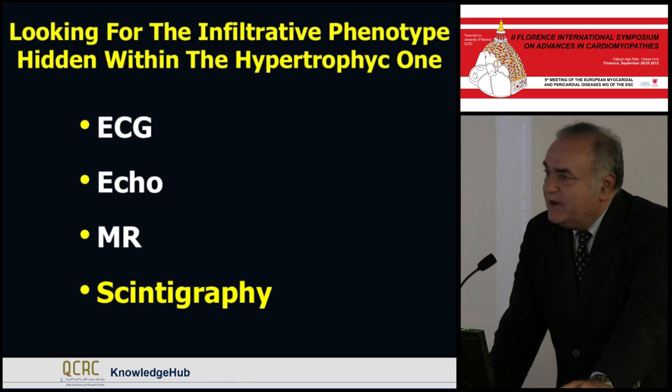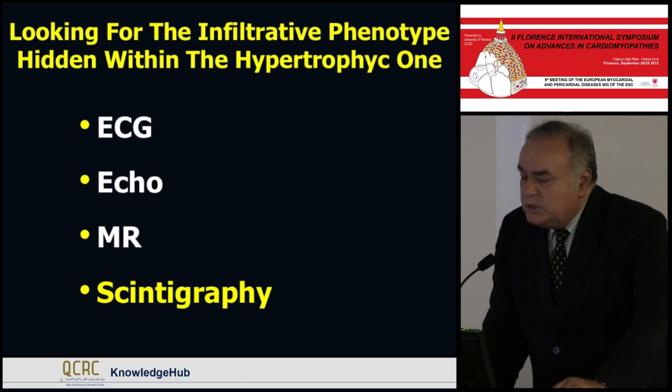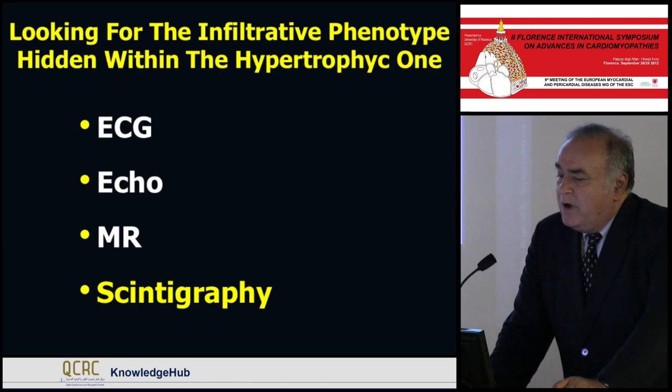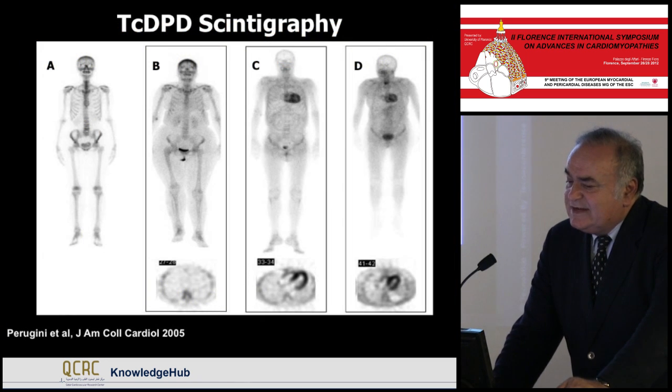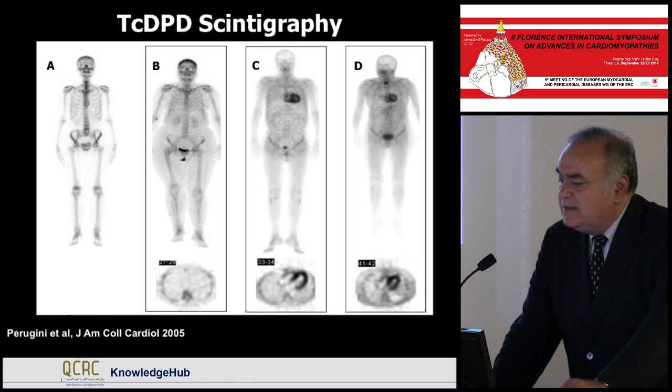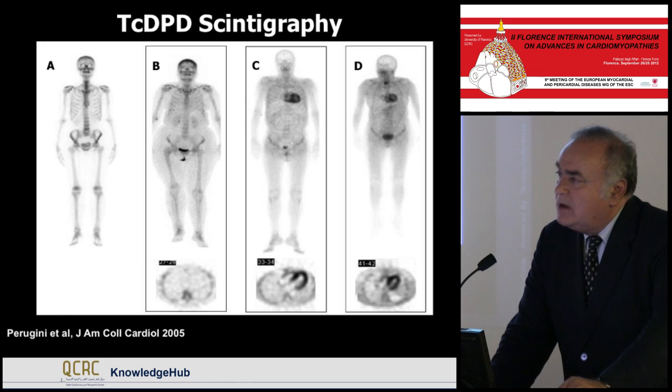But there is, and I'm finishing, another important technique, which is scintigraphy. Bone scintigraphy in particular. Please note the slides. A normal subject, in C a mutated TTR patient, in D a senile patient, and in B an AL amyloidosis. In the normal, all the technetium goes into the bones.